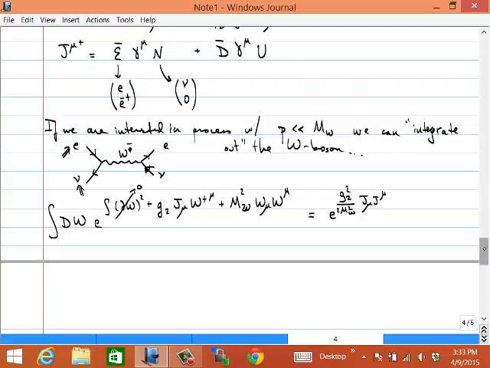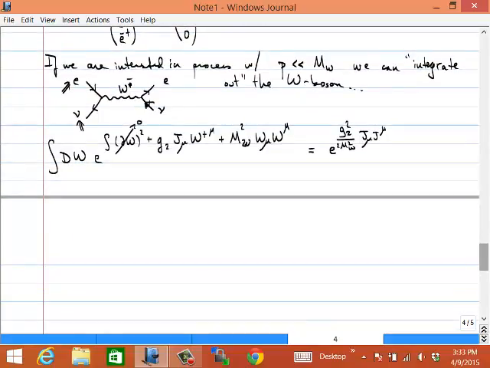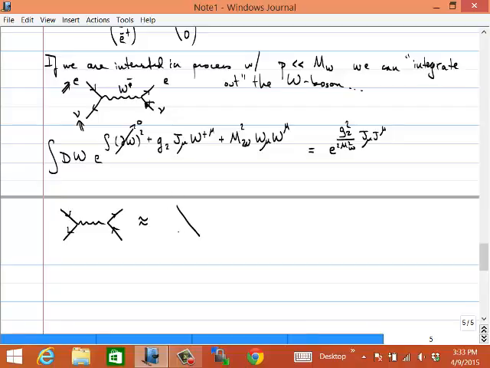So what am I doing when I say this? What I'm doing is I'm saying that we can take this W boson exchange and, in the true standard model, this is a process that we think of via the exchange of some internal particle. But when you're studying it at momenta much less than the mass of that particle, you can just approximate it by a 4-point vertex.